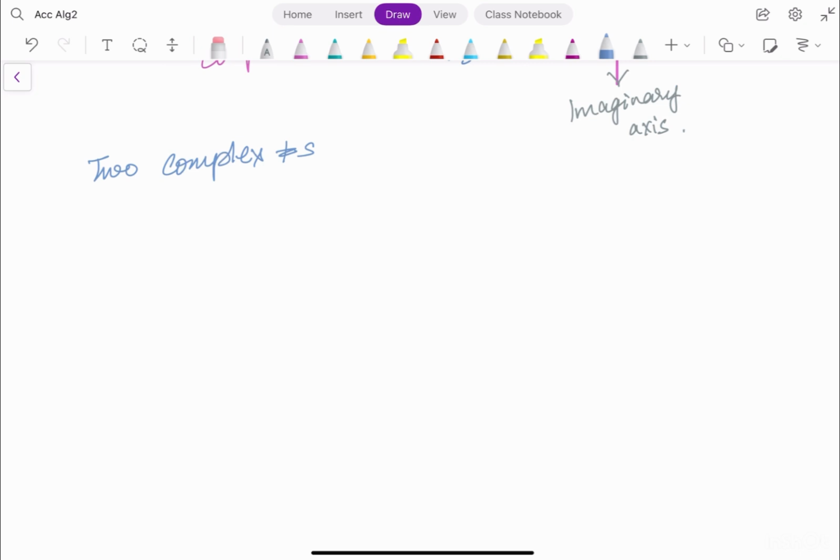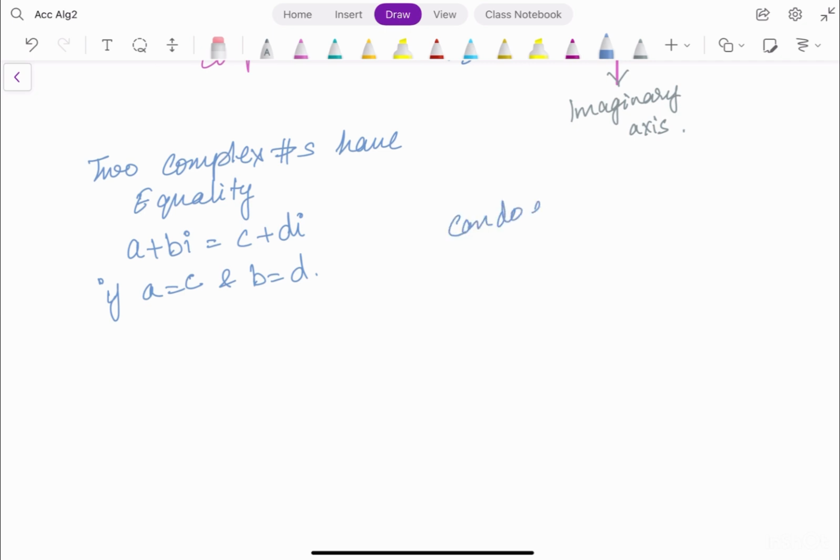Two complex numbers, a plus bi and c plus di, can be written equal to each other, or we can say they have equality, if and only if a plus bi is equal to c plus di only if a is equal to c and b is equal to d. So b and d should be equal, and a and c should be equal. a and c are the real parts, and b and d are the imaginary parts.